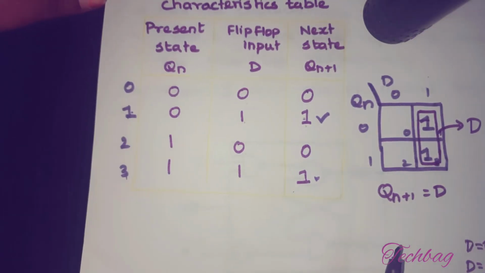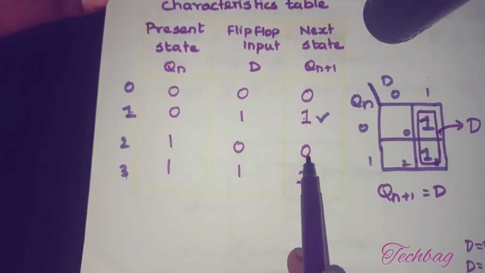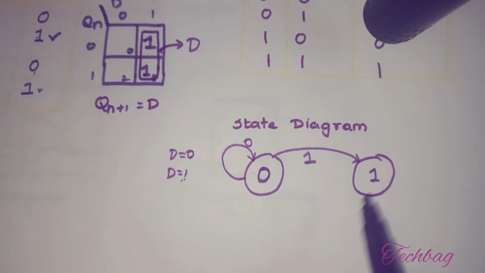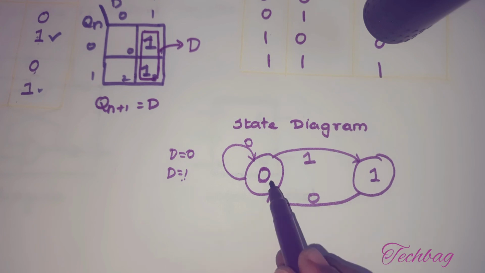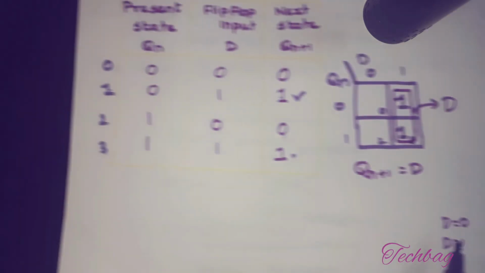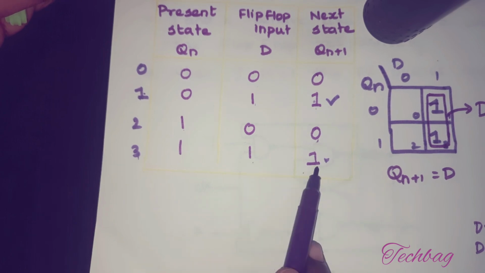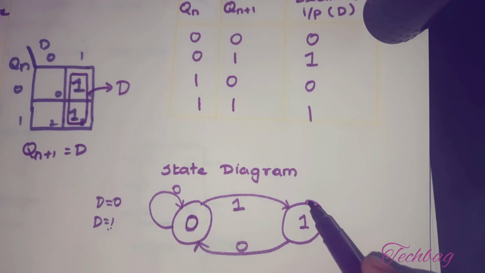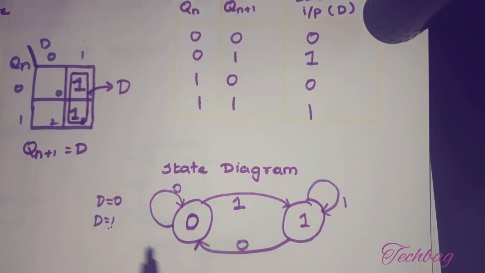So next, present state 1, input is 0, then it moves to 0. Present state 1, input is 1, it remains in the same state 1. This is the state diagram of D flip-flop.